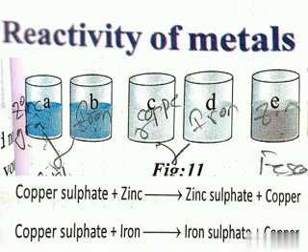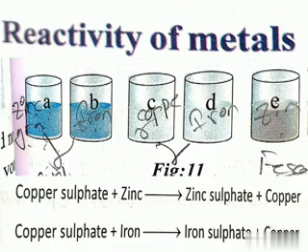Do you find any changes in beakers C, D and E like A and B? We did not see any change in the other three beakers C, D and E. Here copper is unable to displace the zinc from zinc sulfate, in beaker D copper is unable to displace the iron from iron sulfate solution, and in beaker E iron is unable to displace the zinc from zinc sulfate solution.